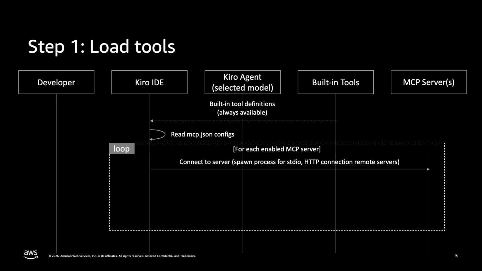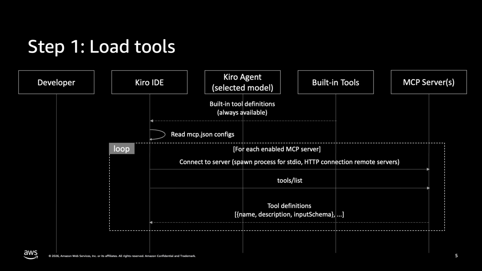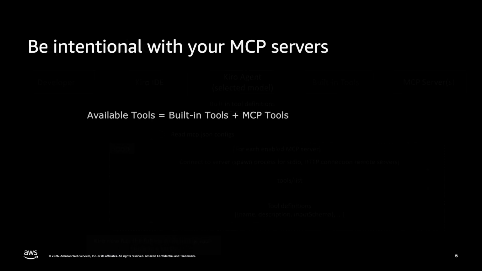For each configured MCP server, it connects either by spawning a local process for stdio transport or by making an HTTP connection for remote servers. For each server, Kiro gets back the name, description, and input schema for every tool that server provides. And once all servers have responded, Kiro has a complete set of available tools, built-in plus MCP.